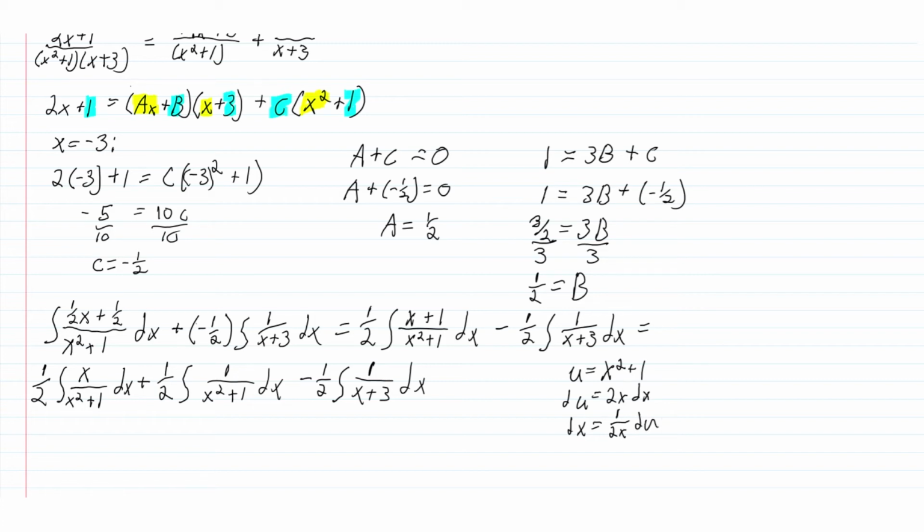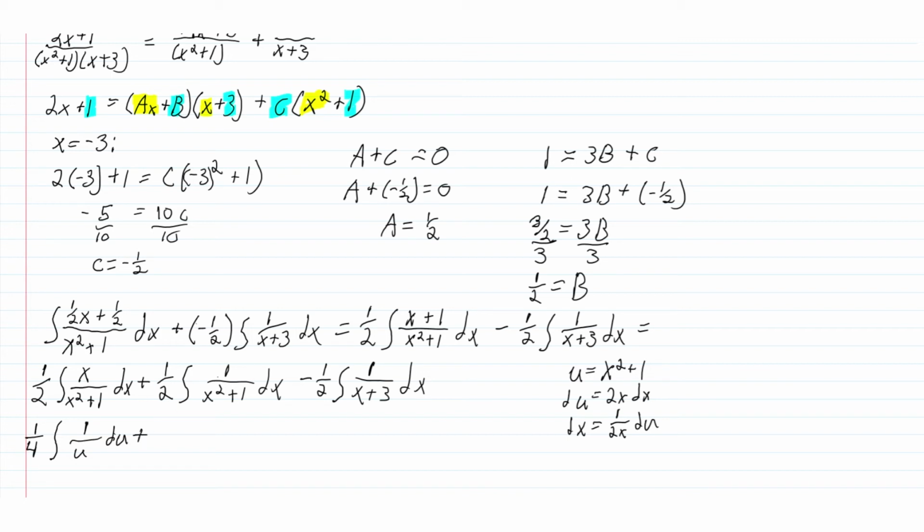And now we can substitute back into that one. We can pull the 1/2 out from our du that we just found. So this will be 1/4 of the integral of 1 over u. Because when we substitute back in our du, we would have x over x, and those would cancel.